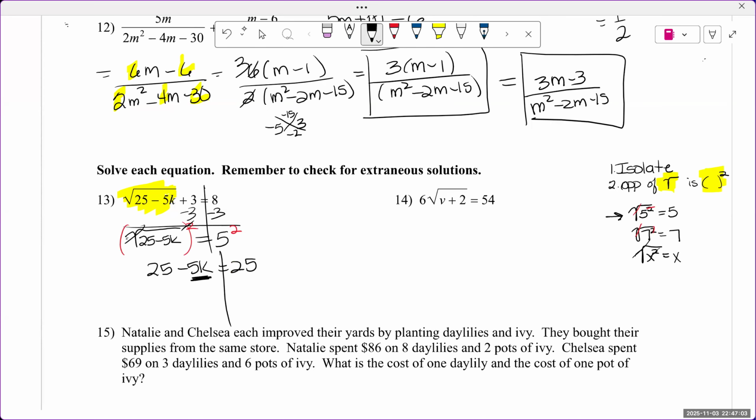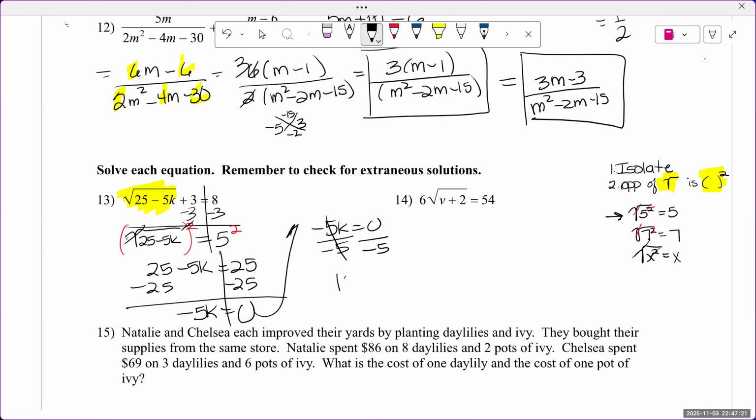Isolating the variable, subtract 25 from both sides. Equals 0. So if I have negative 5k equals 0, divide by negative 5. Can I have a 0 on top of the fraction? Yes. The answer is 0.